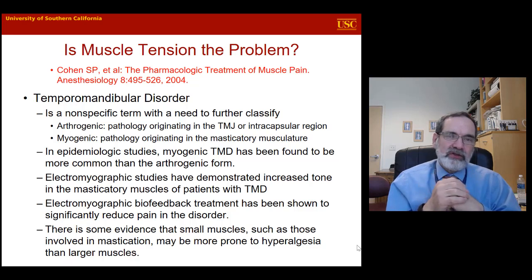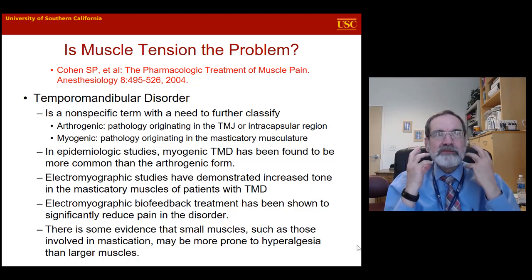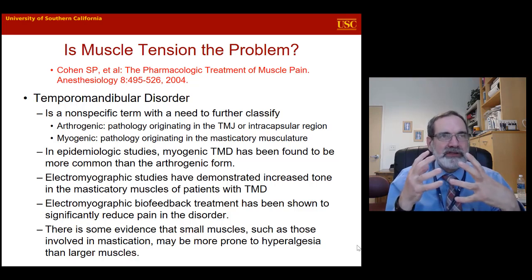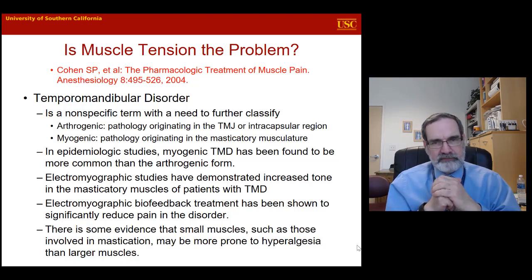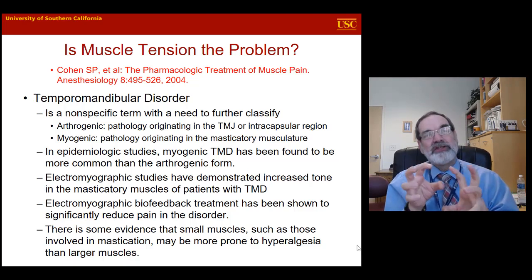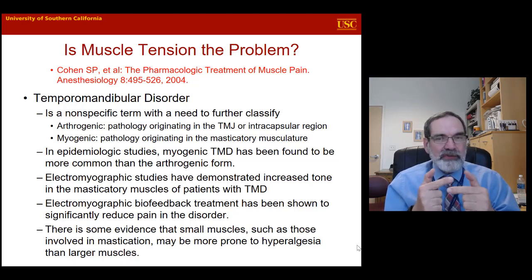It's also interesting to know that it's the small muscles, such as these muscles around our jaw, that are more prone to developing hyperalgesia, becoming hypersensitive to pain signals, than the larger muscles of our body. So for many patients, muscle is in fact a part of the problem, or the major part of the problem. I can't say it's been shown that the muscle relaxants help these patients, but at least we're trying to target the right thing.